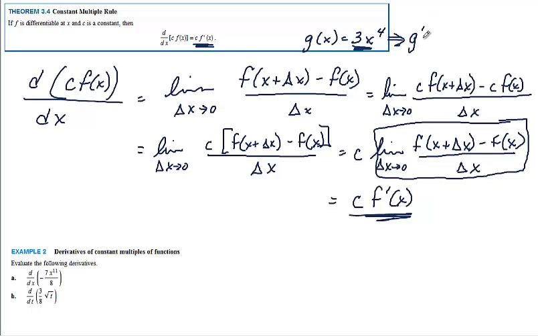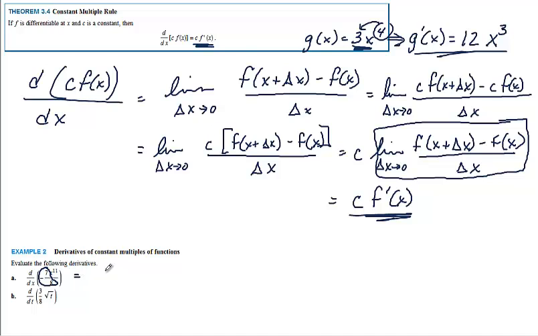So here, if I want g prime of x, I would take the 4, using the power rule, bring it down front, multiply it by that 3, and I get 12 x to the, and it drops a power, third, and there would be the derivative there. We've got a couple here. This is kind of like looking at negative 7/8 as your constant.